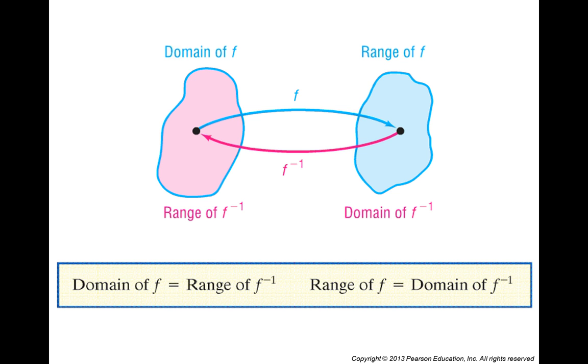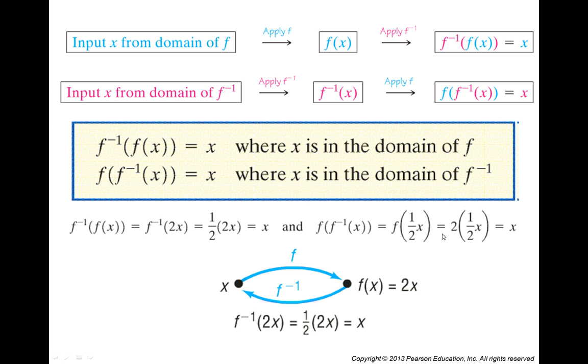We're not raising it to the -1 power, we are just saying it's the inverse. Instead of writing the word inverse, we're just putting a little -1 power. The domain of f is the range of the inverse function, and the range of f is the domain of the inverse function. So they just switch.